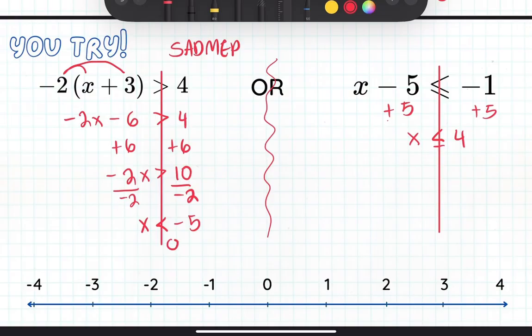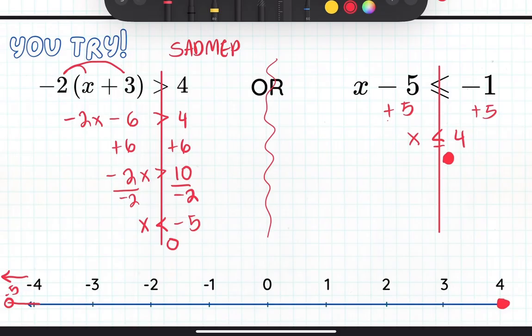Here I'm going to have an open circle. Here I'm going to have a closed circle. Let's place an open circle at negative 5. We're going to have an open circle there. And then we're going to place a closed circle at 4 right here. x has to be less than negative 5, which means we're going to put it facing that way.